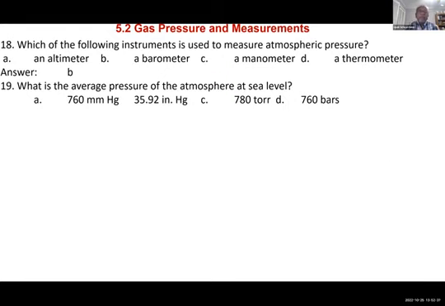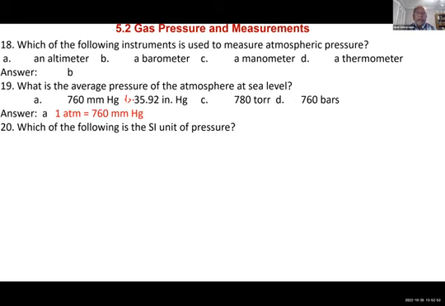So the only correct answer is A. 1 atmosphere is 760 millimeters of mercury. Which of the following is the SI unit of pressure? Pascal, abbreviated Pa, is the SI unit of pressure.